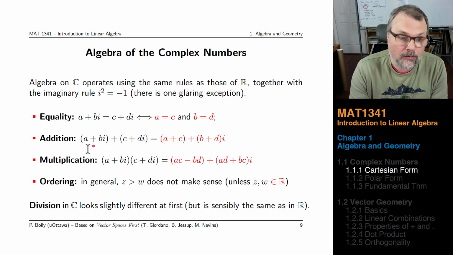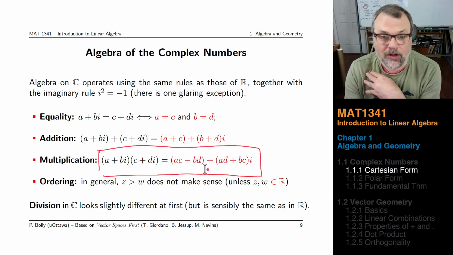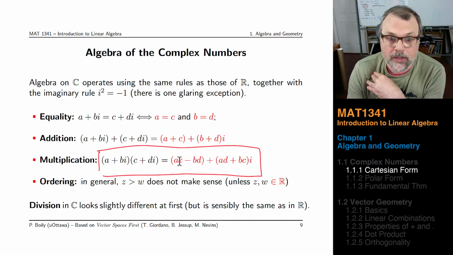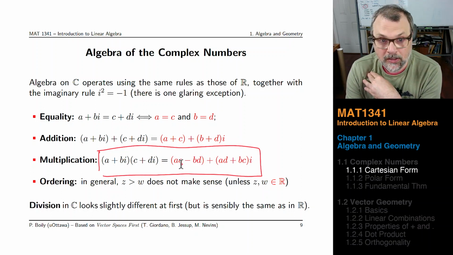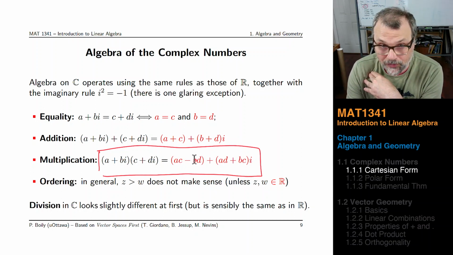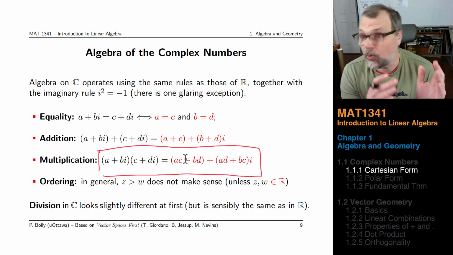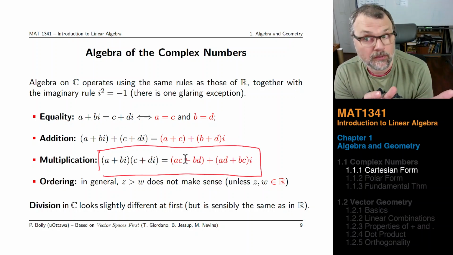The product of two complex numbers is this expression. You take the real part of the first number times the real part of the second number, minus the imaginary part of the first times the imaginary part of the second, and that gives you a real number. That is the real part of the product.